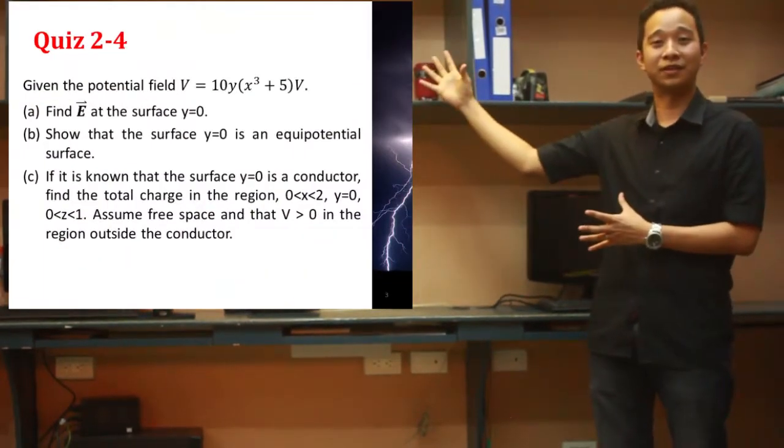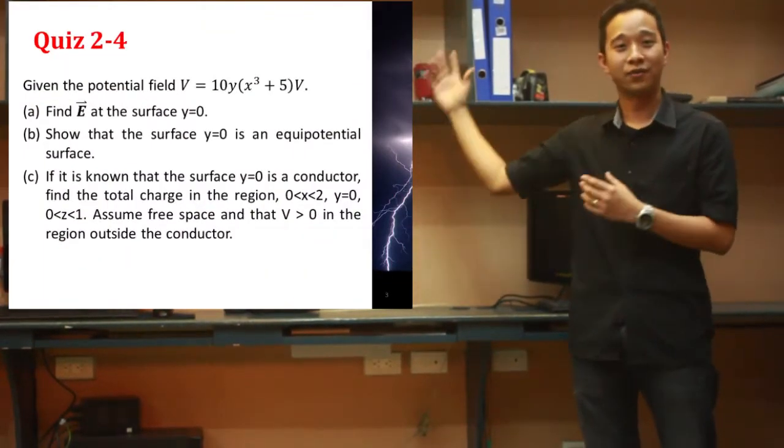Oh, surprise! Today we'll have quiz 2-4 to test our understanding. Please try not to look at your notes or your books, but of course, no one is stopping you from doing that. Here, we're given the potential field, and then solve for the following.